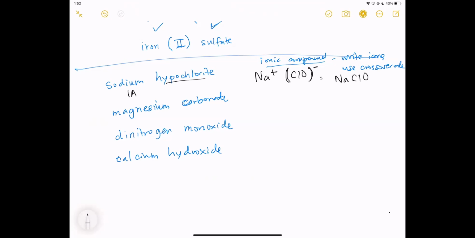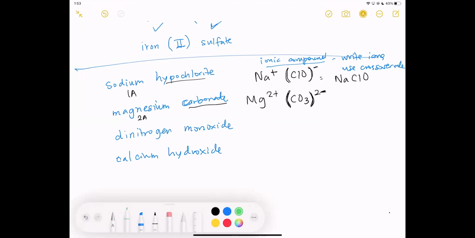Okay. For the next one, you have magnesium and carbonate. So magnesium is in family 2A, which means you would write magnesium with a +2 charge. And then carbonate is on the polyatomic ions list. So you want to look up that polyatomic ion. It is CO3 in parentheses, and then 2 minus.